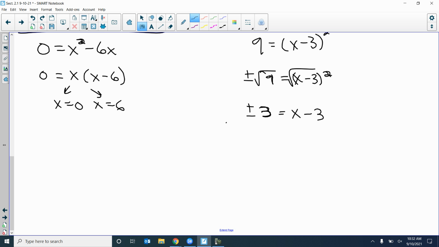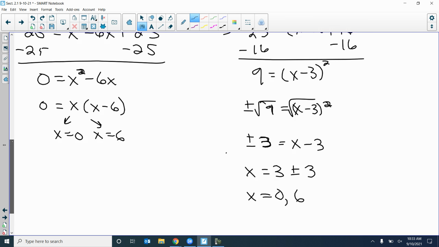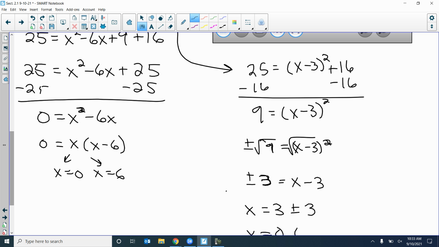When I add the 3 over, let me just write it as X equals 3 plus or minus 3. We still get 0 and 6. Biggest thing is people forget to put the plus or minus. Okay, that's the biggest mistake people make. But you still get to both answers. Either way works. Like I said, the way Matthew saw it might be a little bit quicker.